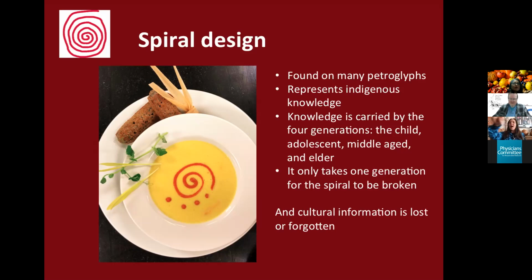So that spiral cannot continue if all of those 4 generations don't know how to pass on this knowledge, right? So it's very important that we learn as much as we can, so when we become elders, we can pass it on. And this is true of everything in all of our cultures. Otherwise, this information is forgotten and can't be passed on.